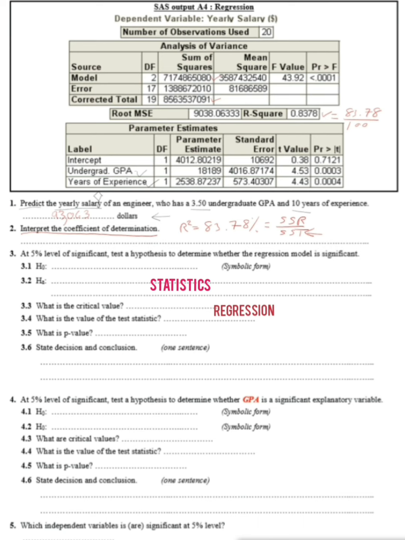Question number 3. At 5% level of significance, alpha is 0.05. You use this value when reading critical value. That's a hypothesis to determine whether the regression model is significant.